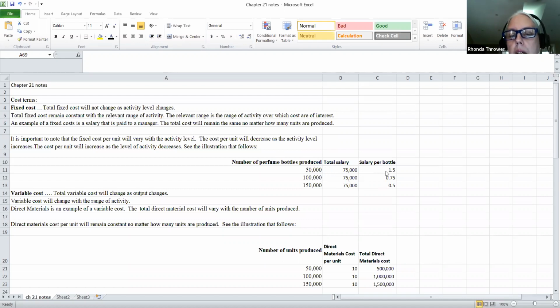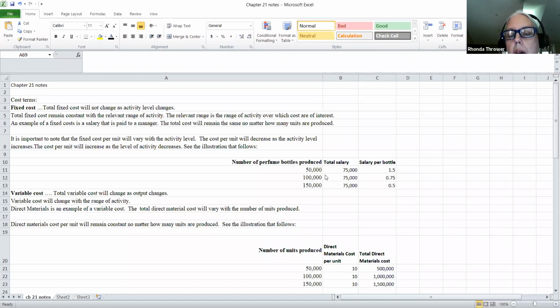The fixed cost per unit, if you produce 50,000 units, is going to be $1.50. I get that by taking the total salary cost and dividing it by 50,000 units. That would give me my fixed cost per unit, which in this case is $1.50 per unit produced. That is if we produce 50,000 units.